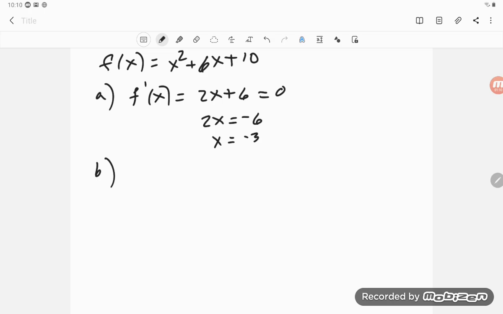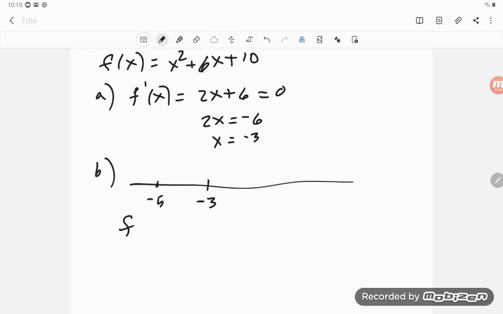Then part B says find the open intervals on which the function is increasing or decreasing. Okay, so the question is, is it increasing or decreasing on the left or the right and so forth? Well, here's -3, and I just need to pick something over here, say -5.